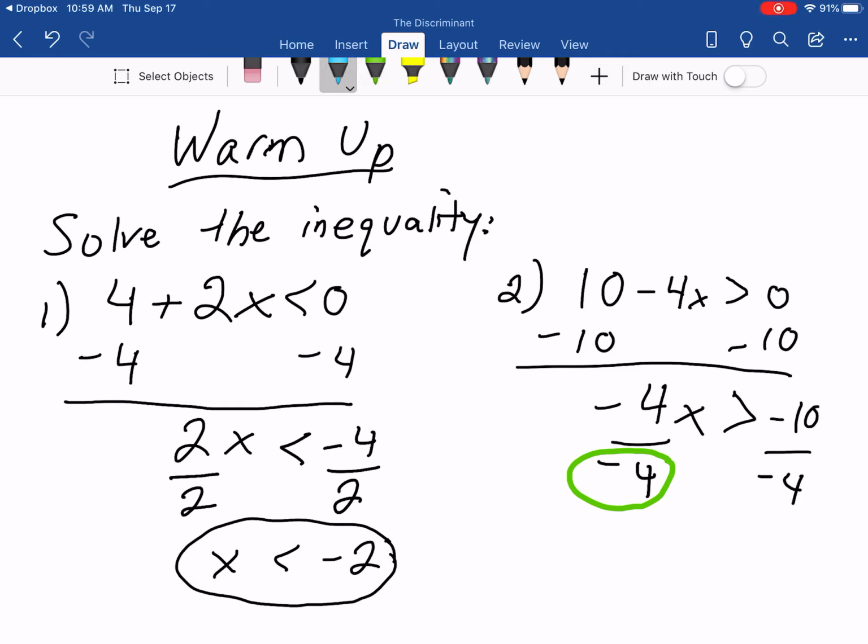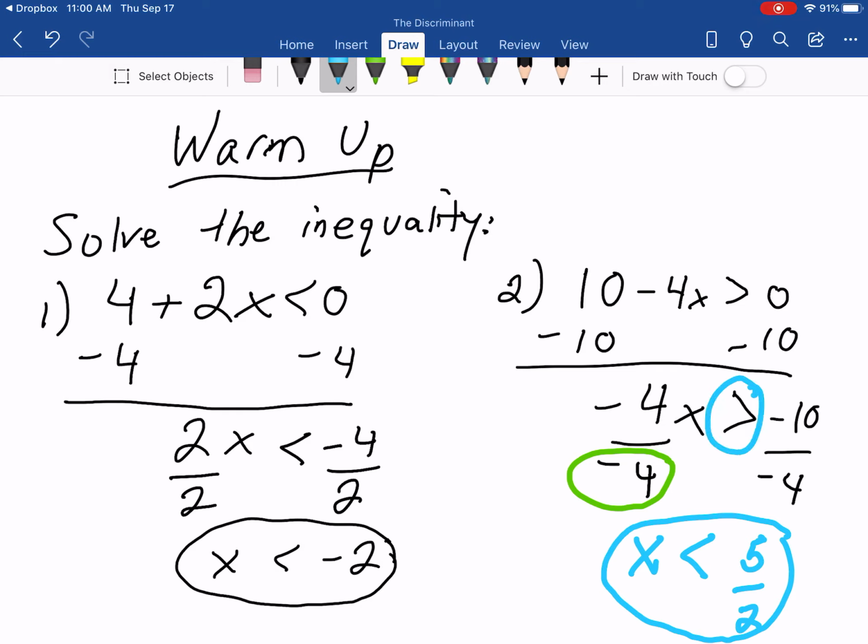The inequality sign is going to flip. So it's going to be x not greater than, but less than, and we'll simplify our fraction, negative, negative, positive, 10 over 4, 5 over 2, okay? So again, anytime you're dividing by a negative in an inequality, you have to turn around the symbol from greater than to less than, or vice versa.